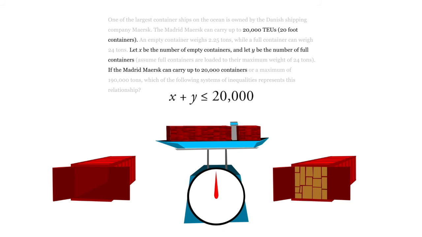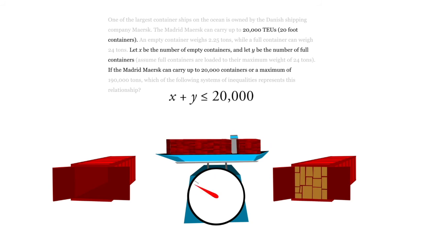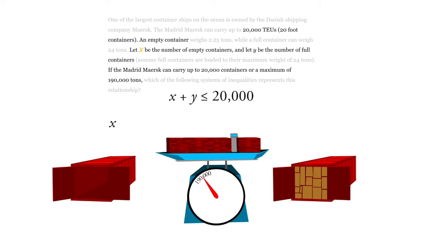And then we're also told that we can take a maximum of 190,000 tons, inclusive of the value 190,000 tons. So we have the empty containers, the number of those is X, and we multiply X by the weight of the empty containers, that's 2.25 tons, and the full containers, which is Y, we multiply by 24 tons.